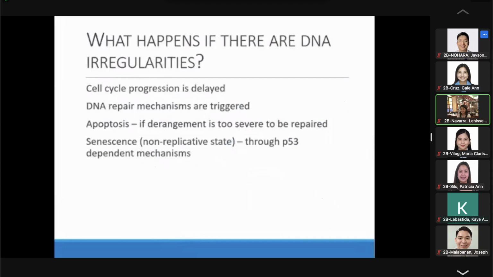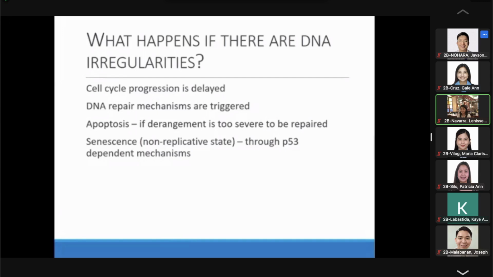So what happens if there are DNA irregularities? When cells detect DNA irregularities, the checkpoint activation delays the cell cycle progression and it triggers DNA repair mechanisms. But if the genetic derangement is beyond repair, the cells undergo apoptosis, or they go into senescence, which is a non-replicative state.